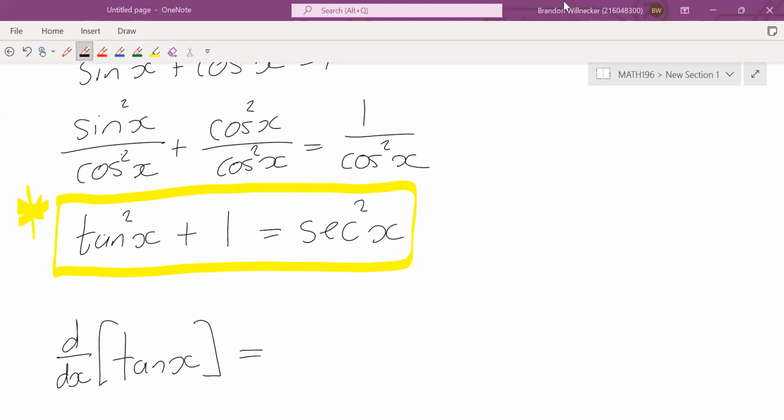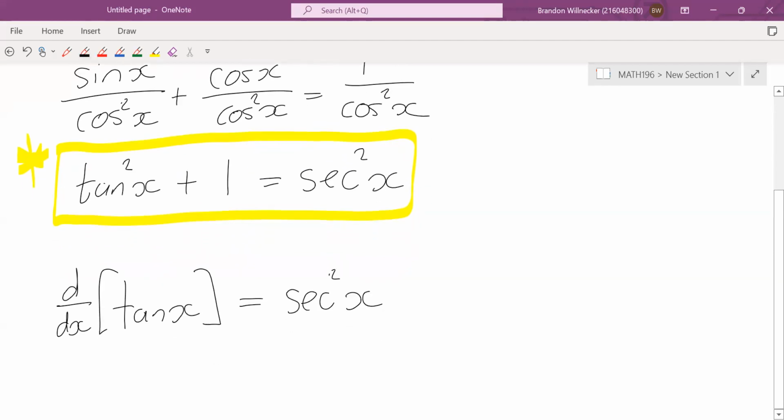Yeah, anyone? Yeah, 2 bonus marks to whoever can answer it. Okay, time's up. It's going to be sec squared. So the derivative of tan is going to give us sec squared x.